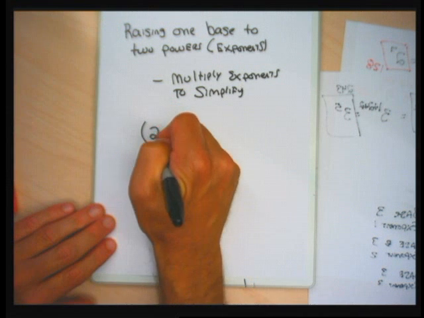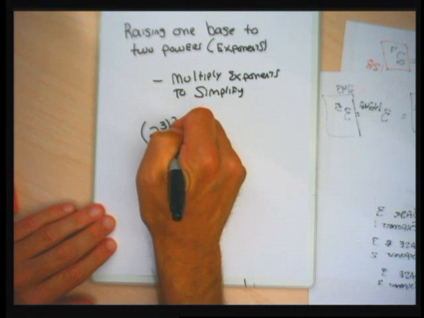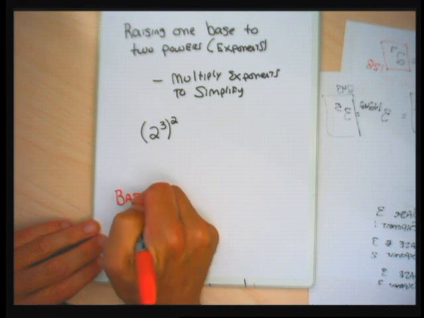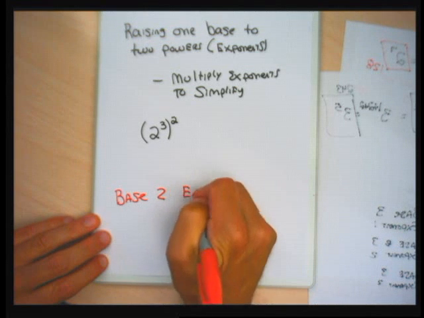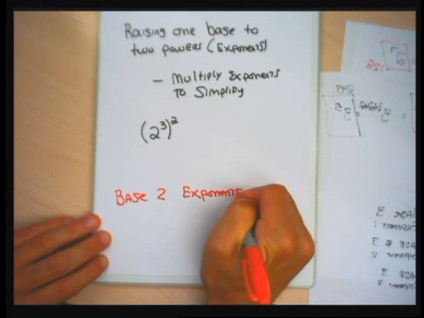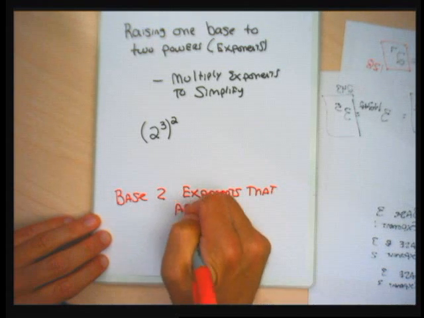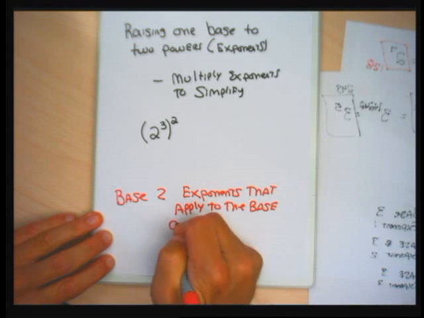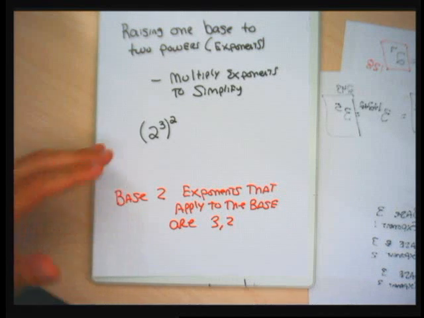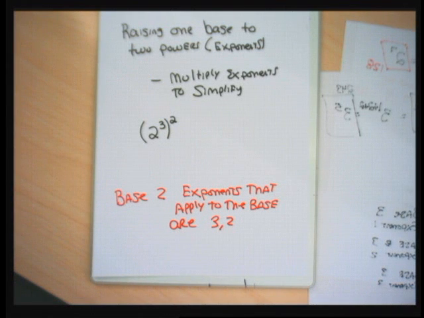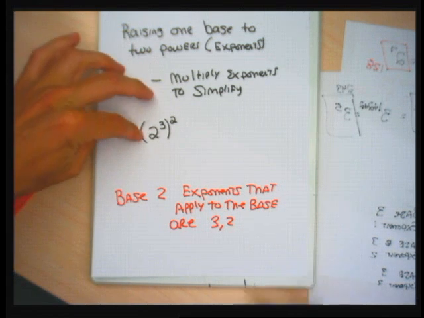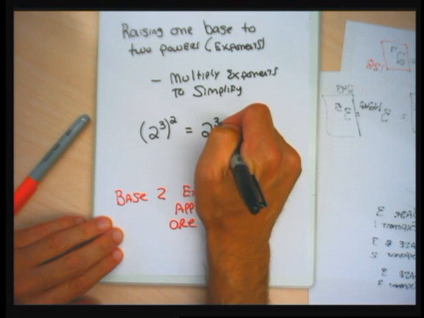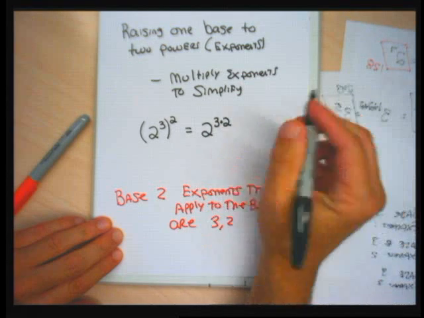How about this? 2 to the 3rd power squared. Here the base is 2, and the exponents that apply to the base are 3 and 2. So I have one base that has 2 exponents that apply to it, and my rule says I can get those 2 exponents down to 1 exponent if I multiply the exponents.